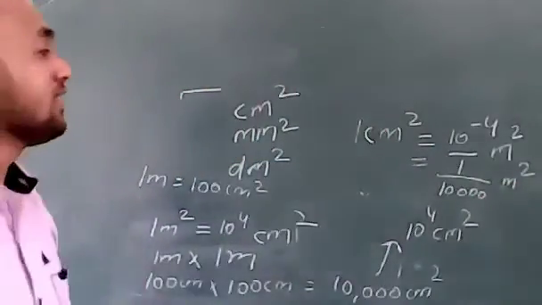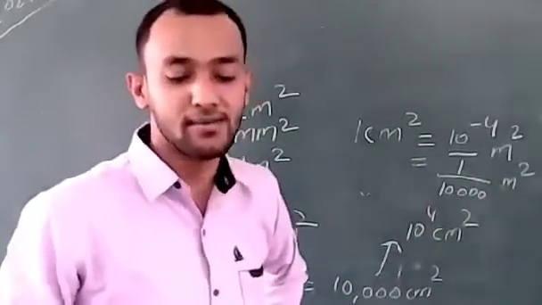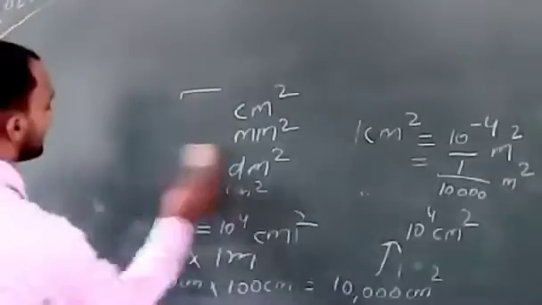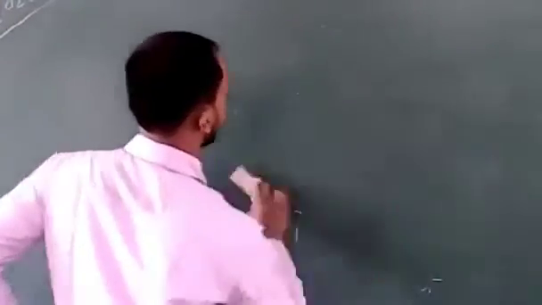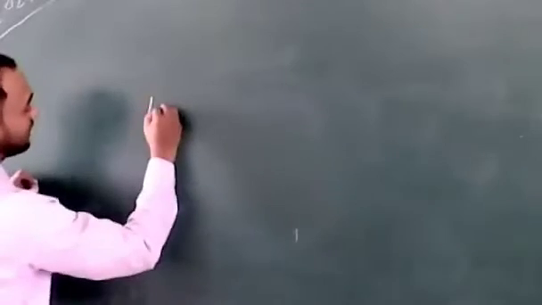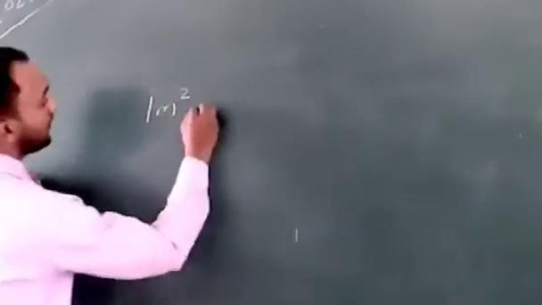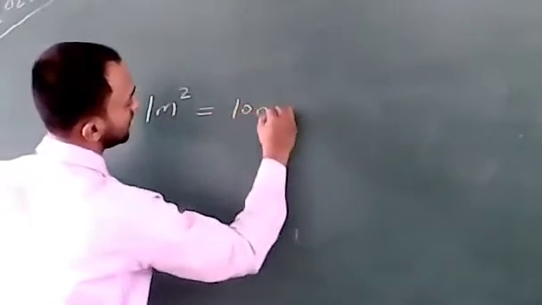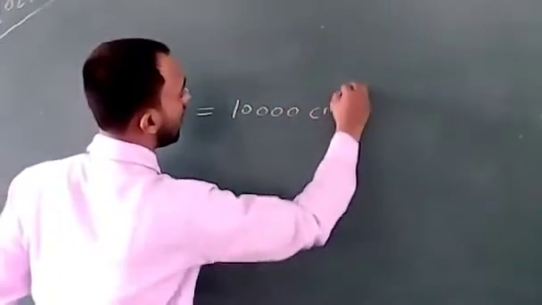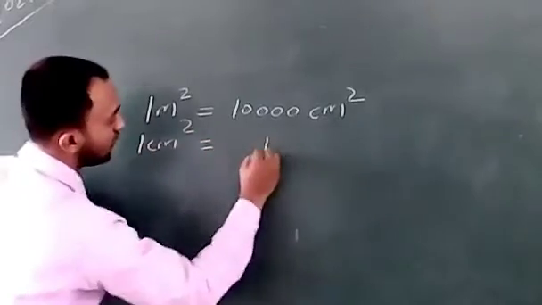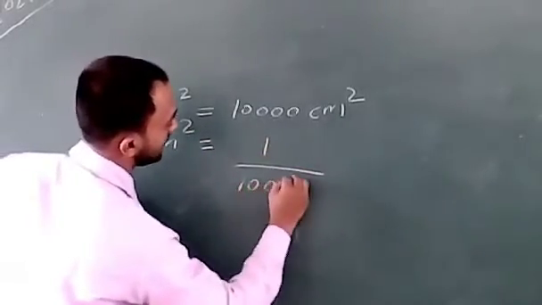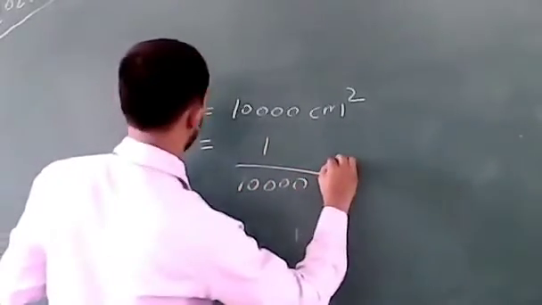Okay, 1 centimeter square is equal to 1 upon 10,000 meters square. Similarly, we can write 1 meter square is equal to 10 raised to the power 4 centimeter square, or 1 centimeter square is equal to 1 upon 10,000 meters square.